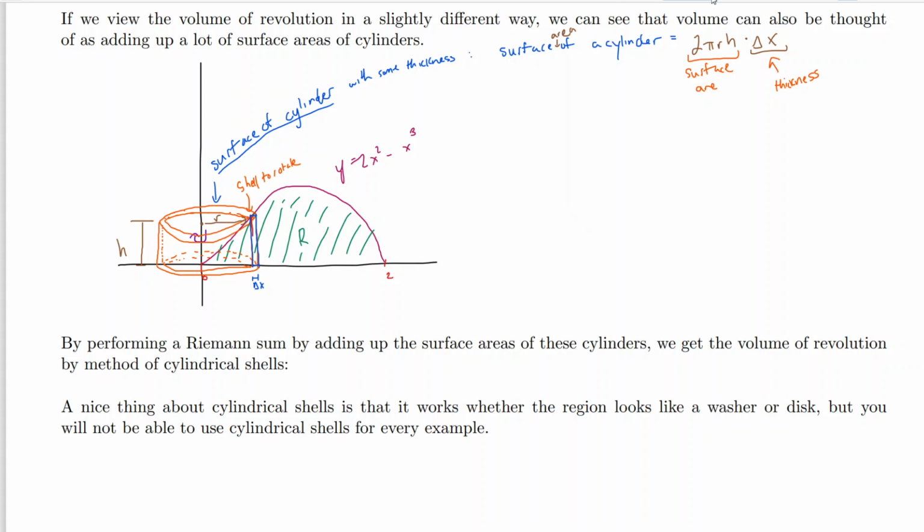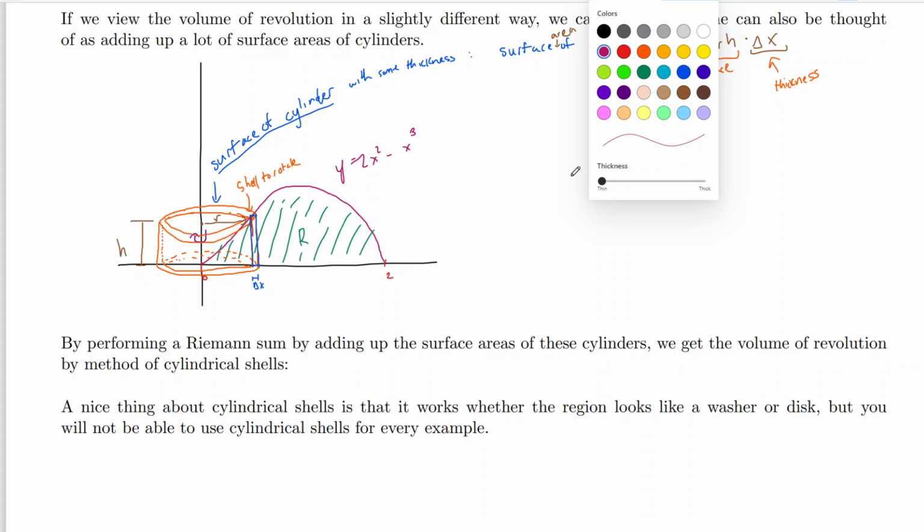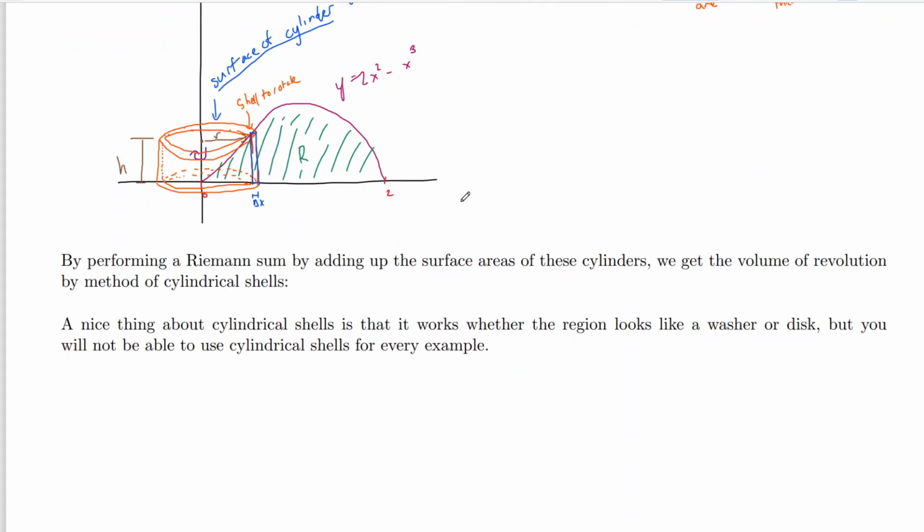And exactly what's going to happen here, the formula for cylindrical shells, once again, is going to give you the same formula that if you were possibly able to use the washer method, you would get. The volume is, in this example specifically, 0 to 2, but in general, a to b. I'll write down the setup.